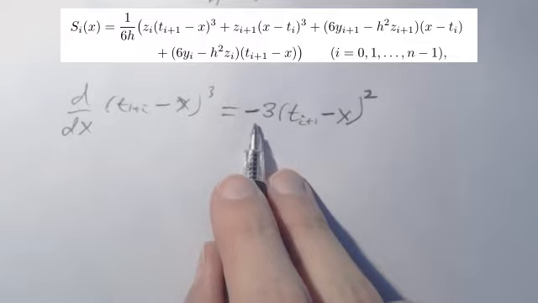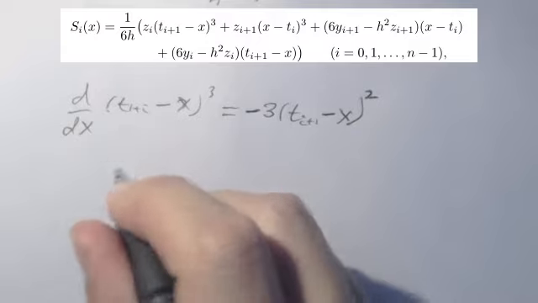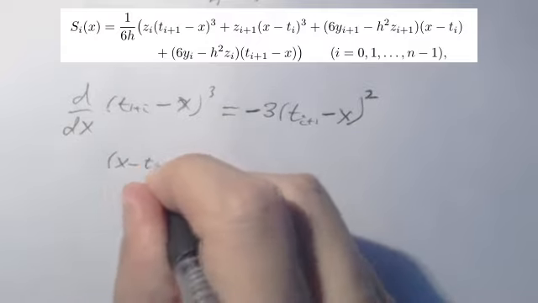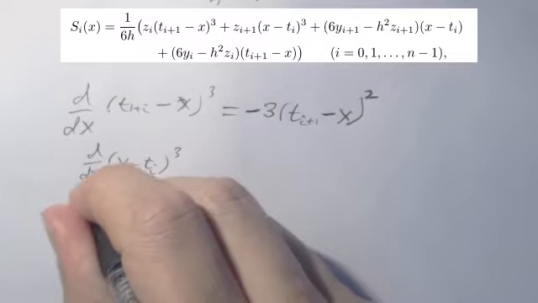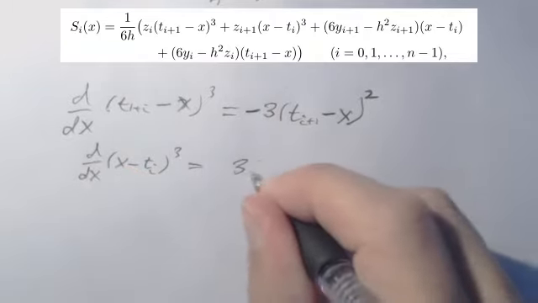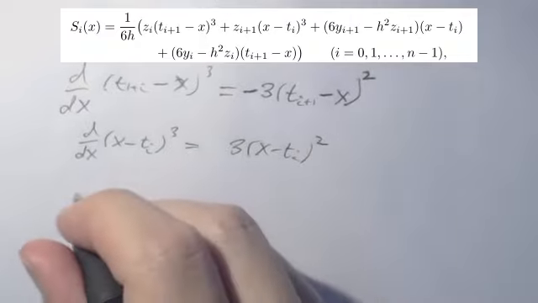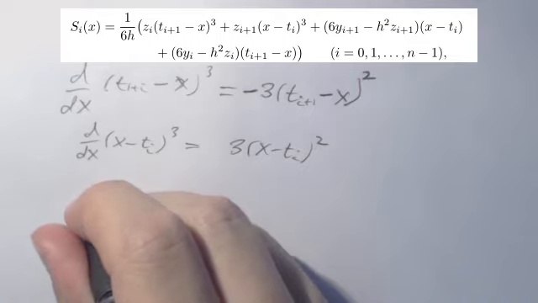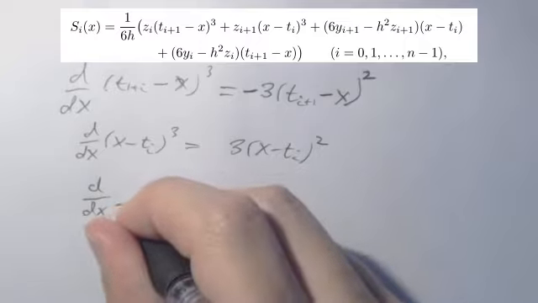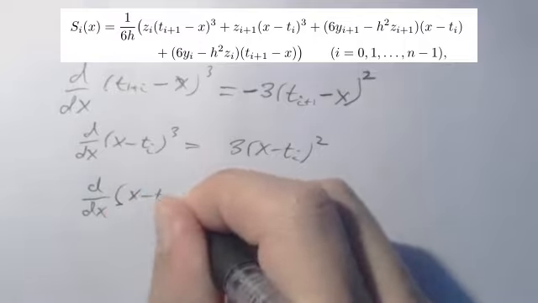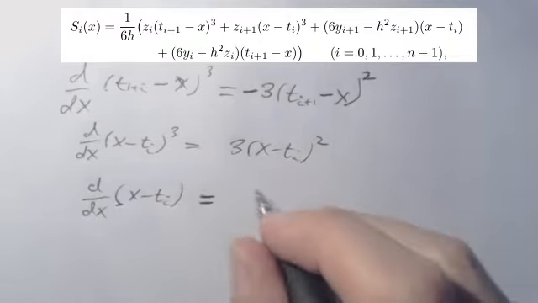The other term that occurs is x minus ti cubed, which differentiates to 3 times x minus ti squared. We don't have any square terms appearing here, it seems. d by dx of x minus ti is just going to be 1.